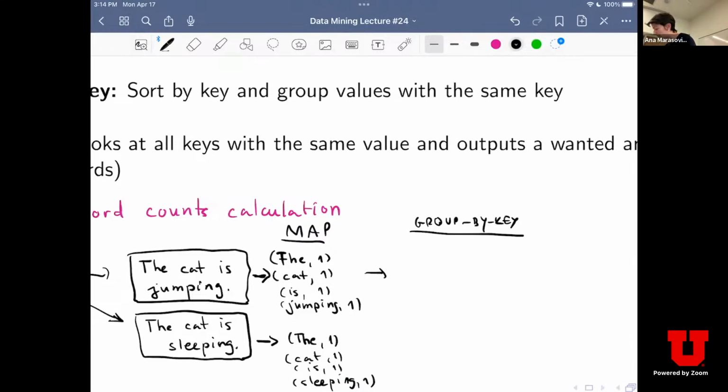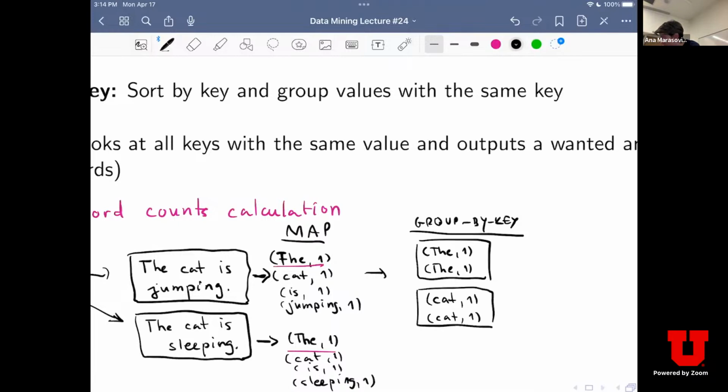So you will have one group which will be the and 1, and that's in the first and also in the second chunk of data. So that's going to become the first group, grouped by the key the. Then the second group will be cat 1, and again we have cat 1 in the second one.